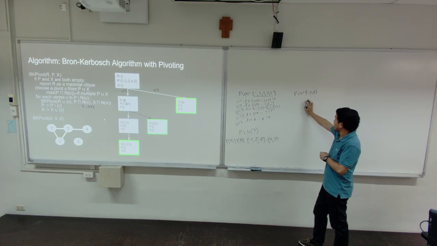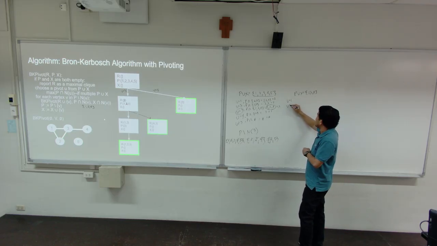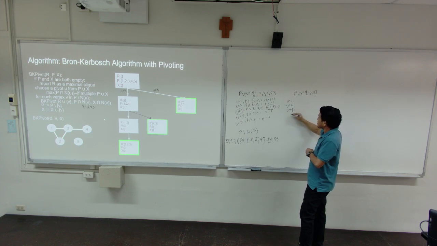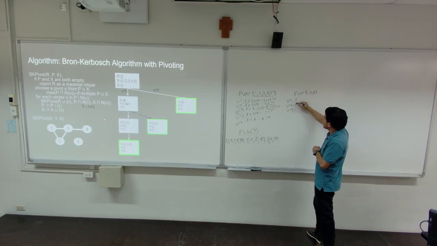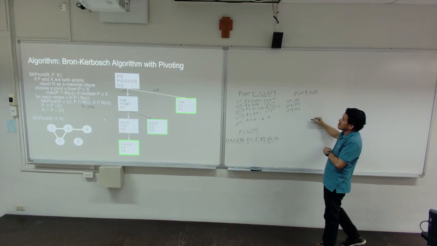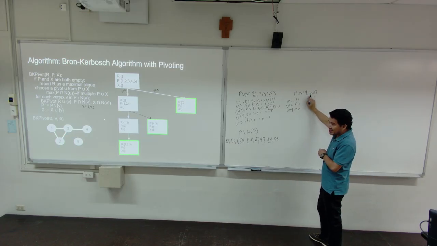Okay. Next, we're going to get the values of U. If U is 1, if U is 2, if U is 4. Same with this. Okay, and then perform an intersection with P. So, what are the neighbors of 1? Neighbors of 1 is 2 and 3.